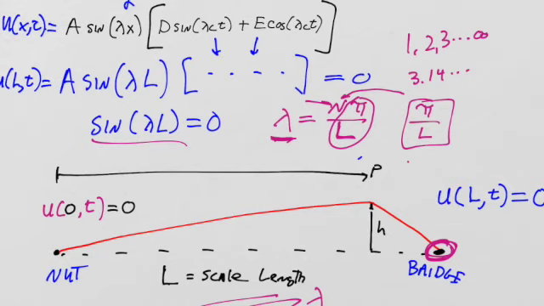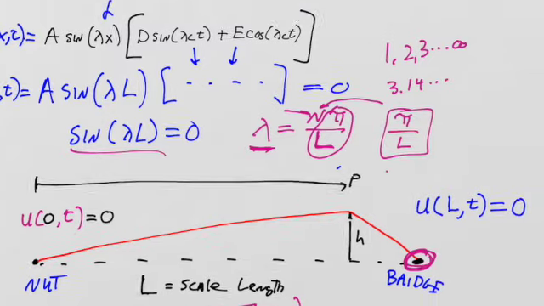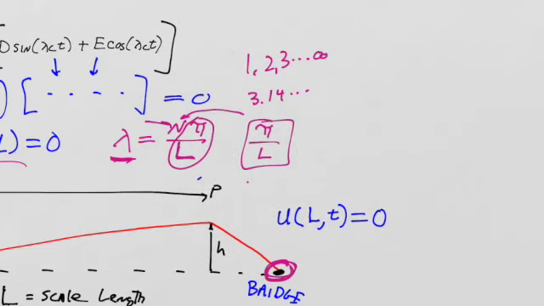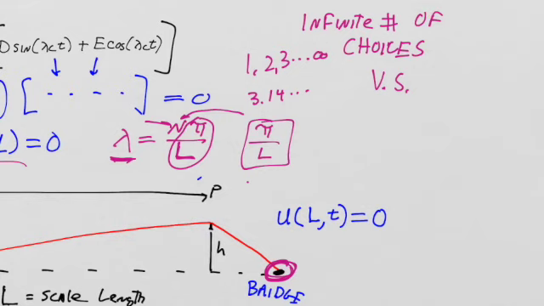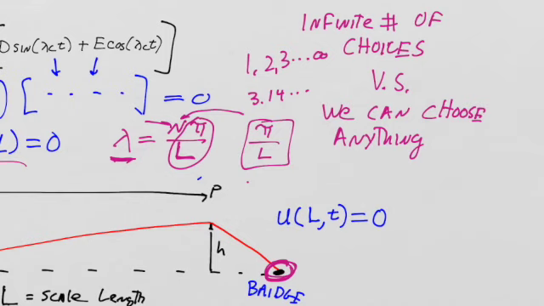So we have an infinite number of choices for lambda, which doesn't seem like an improvement, because I said the problem in the beginning was we can literally choose anything for lambda. But notice the language. Having an infinite number of choices is not the same as saying we can choose any value.